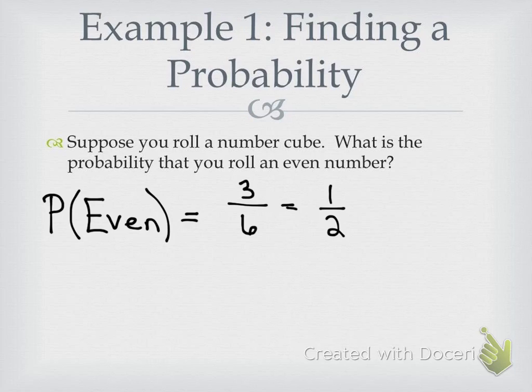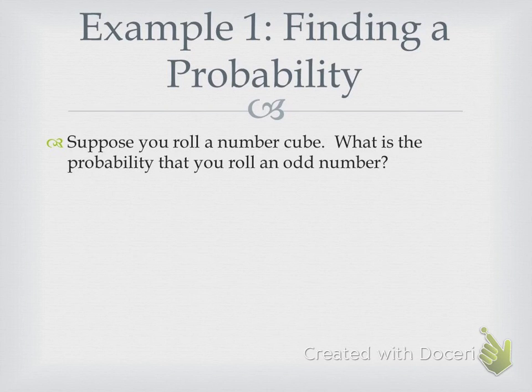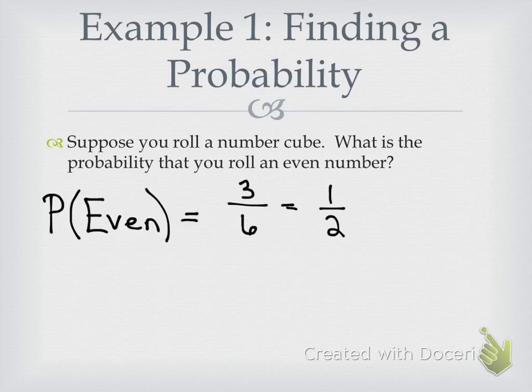Now, I prefer that you write all of your probability in decimal form, so that would be 0.5. If you were to say 1/2 on a problem like this, I'd be fine with it. But as a rule, it makes it easier if you write all of your probabilities as decimals. Okay?